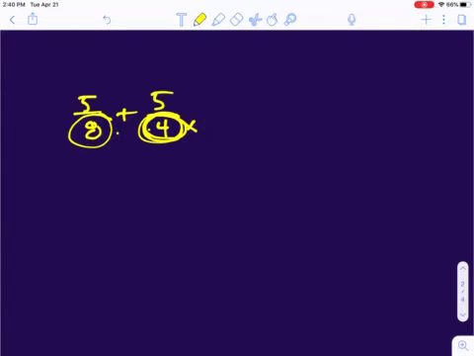I'm going to rewrite this and get rid of some of the circling. So I'm going times 2. Because I'm doing it on the denominator, you have to do the same thing in the numerator to keep it equal. It's kind of like solving equations. The 5/8 can stay how it is.